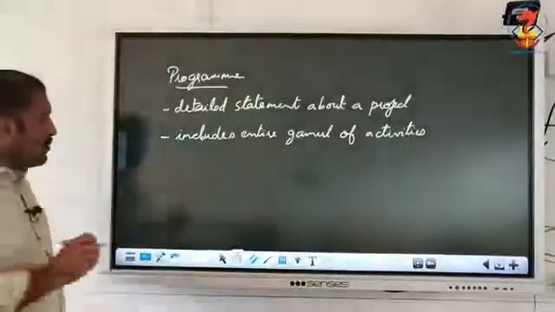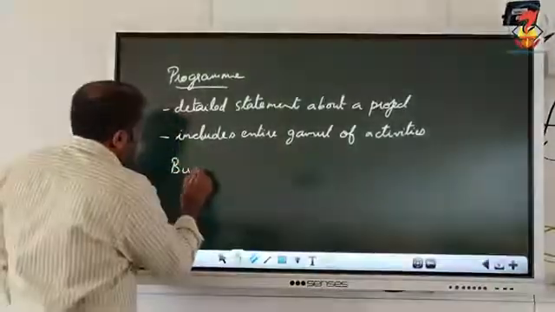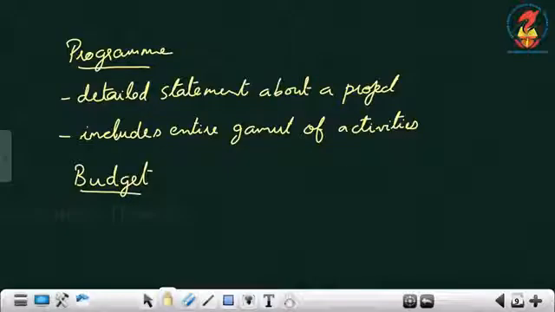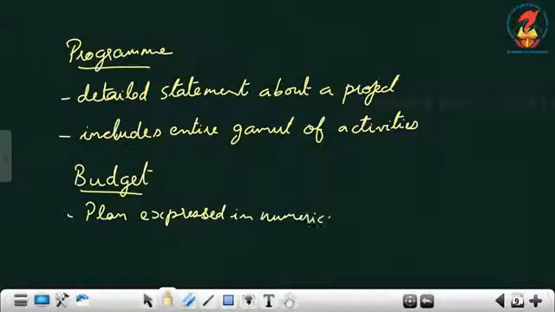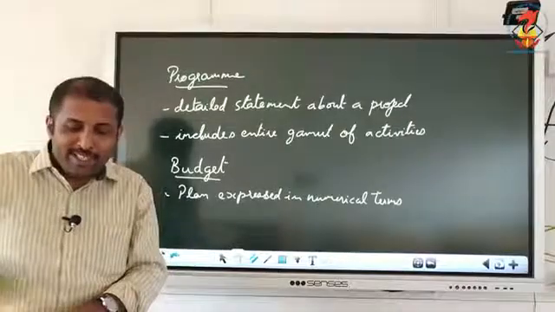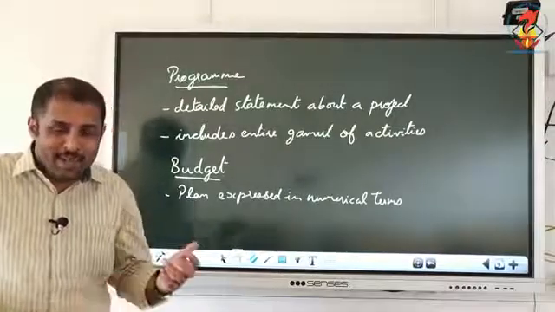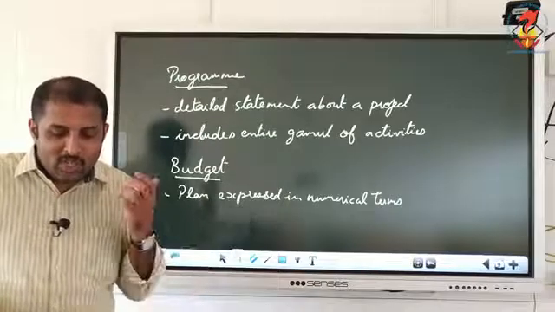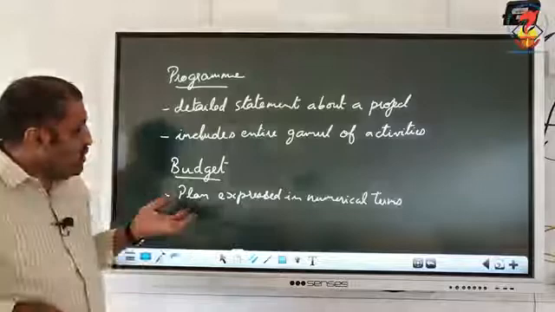And the last type of plan which you have to learn is budget. To put it in simple words, budget is the plan expressed in numerical terms. Or it is a quantitative plan. Budgets are statement of expected results expressed in numerical term.